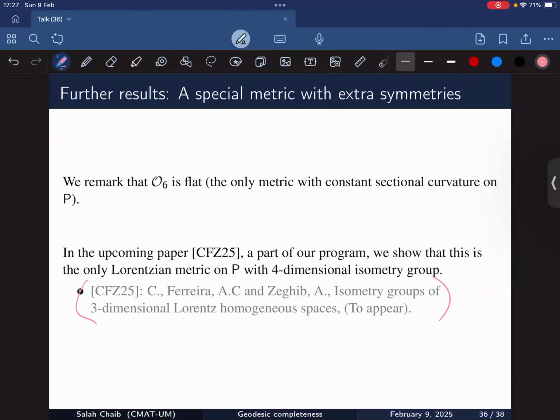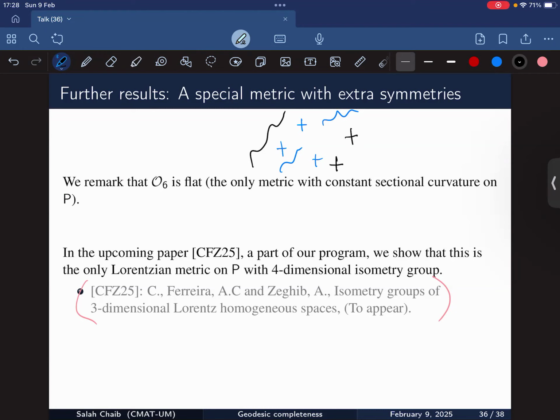So overall, we have a one parameter family of complete metrics. We have incomplete metrics coming in one parameter families and in single orbits, and we have a special complete metric and also a special metric with 4-dimensional isometry.